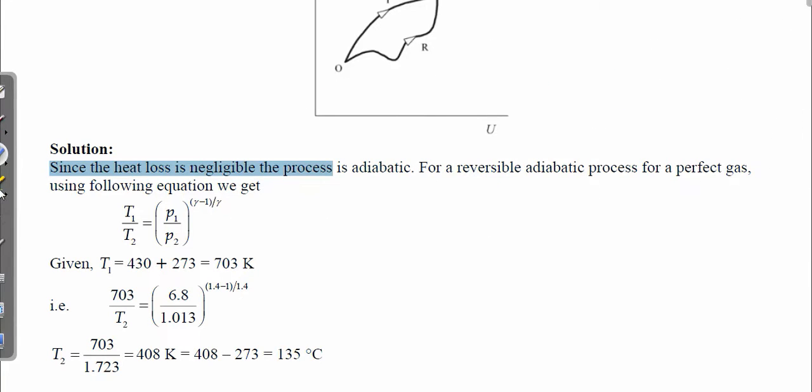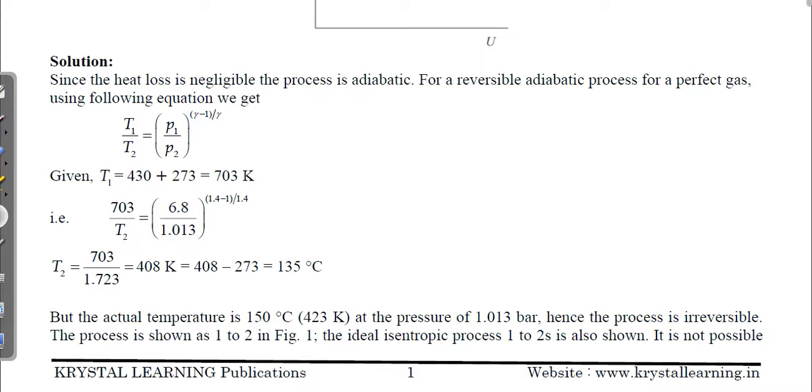We have seen that for a reversible adiabatic process of a perfect gas, this relation is valid. You can derive this relation, but I assume here that we know. Now T1 is given as 430 degrees centigrade. We will convert to Kelvin by adding 273, so it becomes 703 Kelvin. We will calculate T2 using this relation, to see what T2 comes for a reversible path.